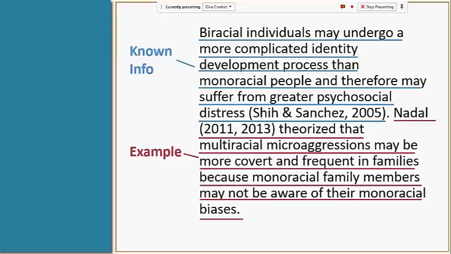And I put in this as an example, but it's actually, I think, more like it's more supportive evidence. It's supporting this idea, showing that more scholars support this same idea that there's a need to study biracial families. Nadal theorized that multiracial microaggressions may be more covert and frequent in families because monoracial family members may not be aware of their monoracial biases. So these are the same two ideas, but showing that they're supported by more than one scholar.